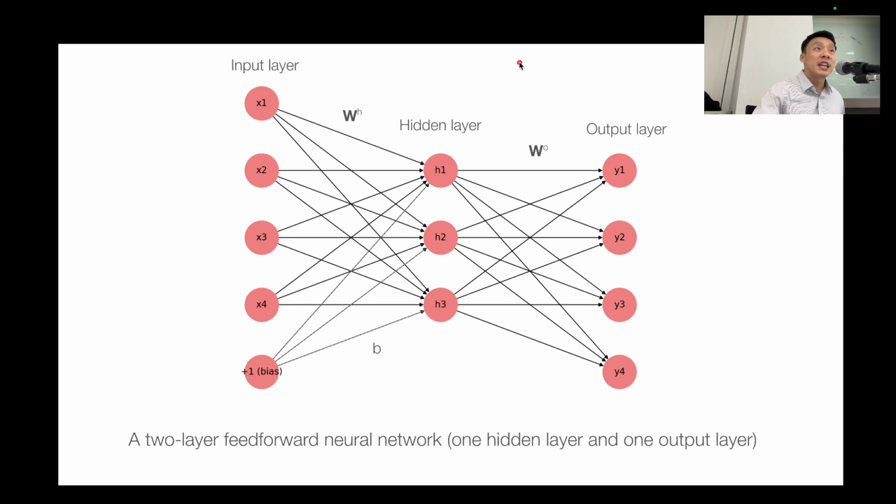And here comes the hidden layer. We call it a hidden layer because it's hidden. The input you can see is a text. The output you can see is a label. So what's a hidden layer? It's hidden. We don't know. That's why we have the name.